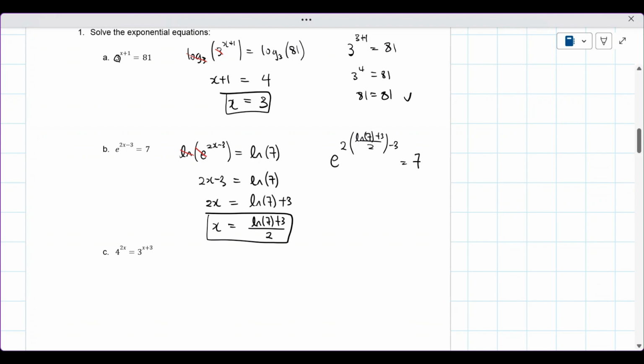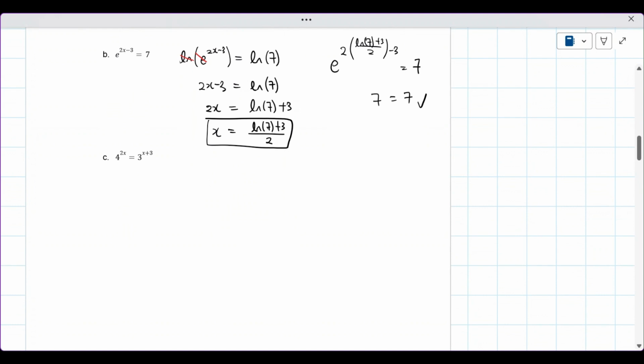So I'm going to use my calculator to do that. e to the power of 2 times bracket ln 7 plus 3 divided by 2 close bracket minus 3. It's indeed equal to 7. So we know that the answer is correct.